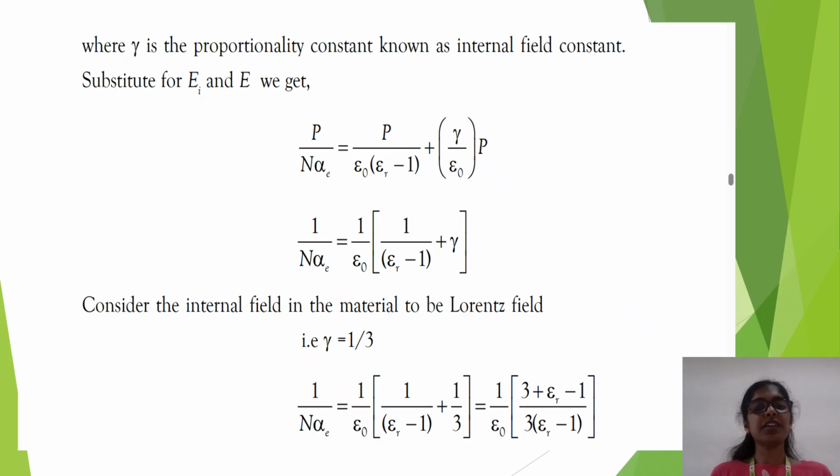Consider the internal field in the material to be the Lorentz field, that is gamma is equal to 1 by 3. Substituting this value in the above equation, we get 1 by n alpha is equal to 1 by epsilon naught into 1 by epsilon r minus 1 plus 1 by 3, that is equal to 1 by epsilon naught into 3 plus epsilon r minus 1 by 3 into epsilon r minus 1.